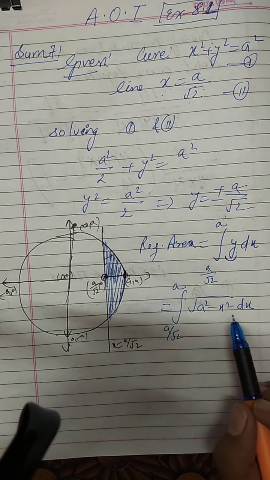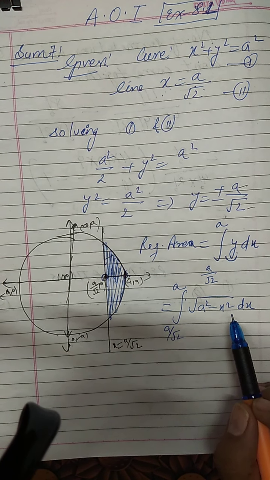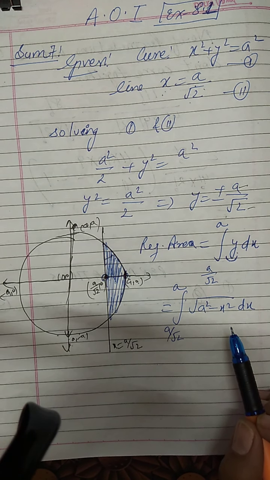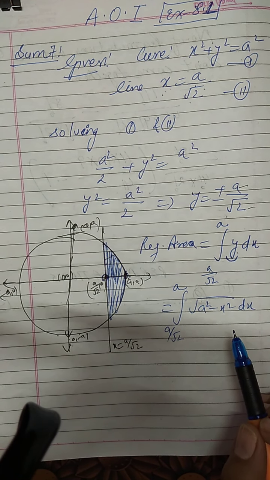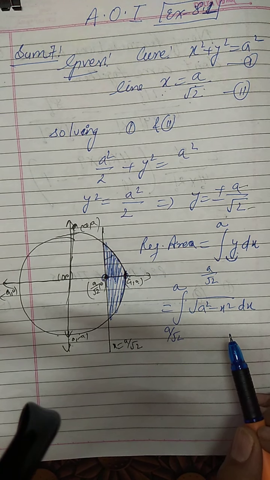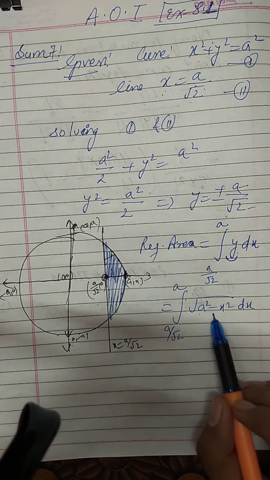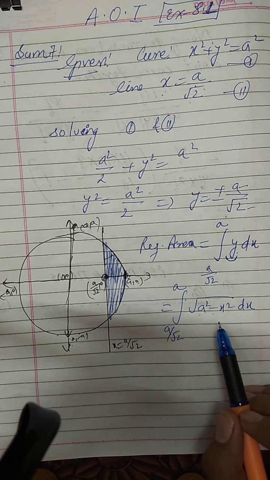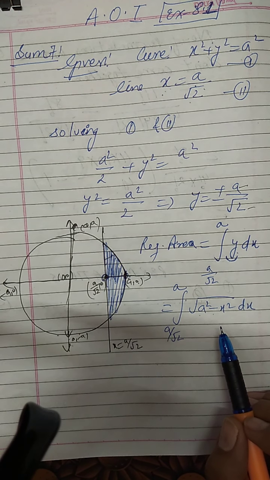Now, in this chapter, the most important formula of definite integral that we are using is actually from the exercise, I think 7.10 only, or I think we have done it in 7.7: the integral of root a square minus x square is x by 2 root a square minus x square plus a square by 2 sine inverse x by a. The same formula we applied in the ellipse also.